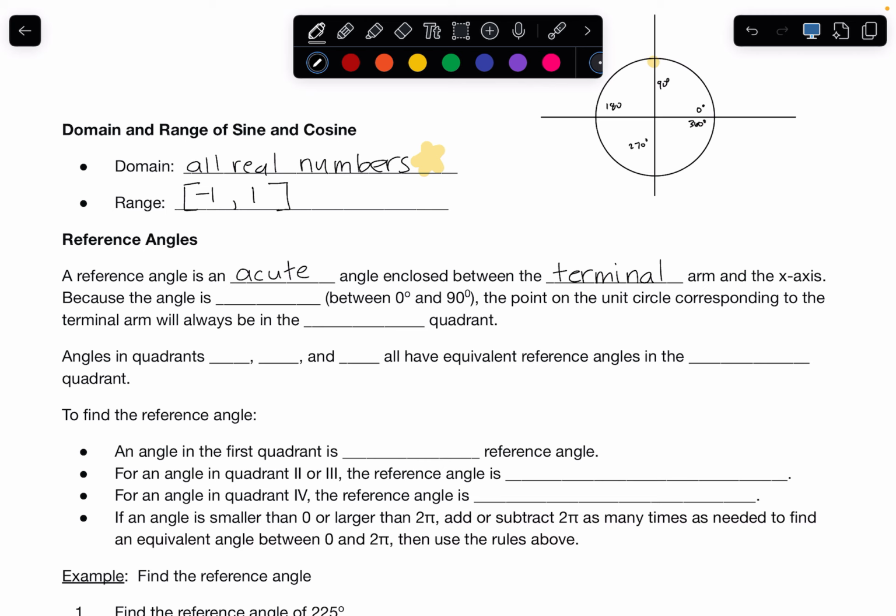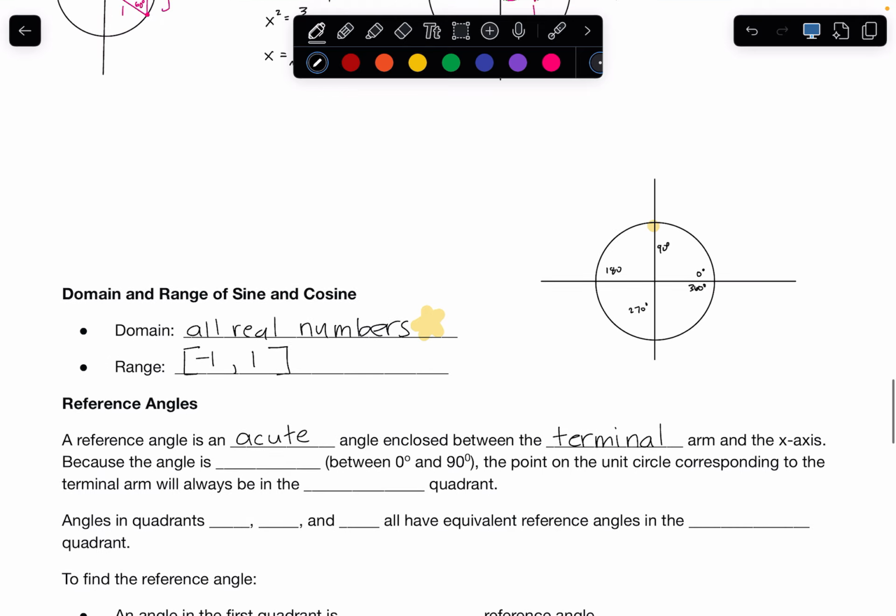And when we talk about angles, angles are produced by 2 lines. I need 2 sides to produce an angle between those 2 lines. One of those lines is the x-axis, because in a coordinate plane, we always start measuring from the x-axis around. The place where that angle ends is called the terminal arm.